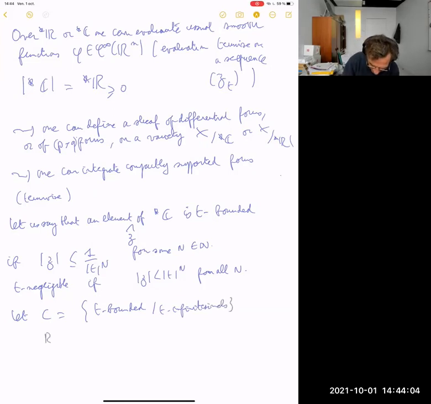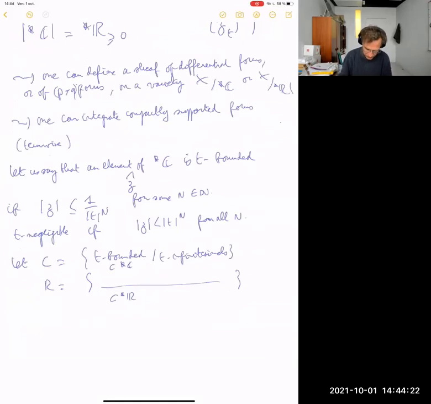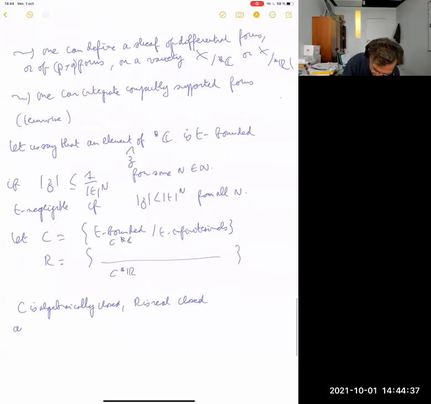And let R be the same in R. So it was T-bounded inside star C, and this is the same, but inside star R. And then these are the objects we really want to work with. So now C is an algebraically closed field, R is real closed, and C is equal to R of square root of -1.